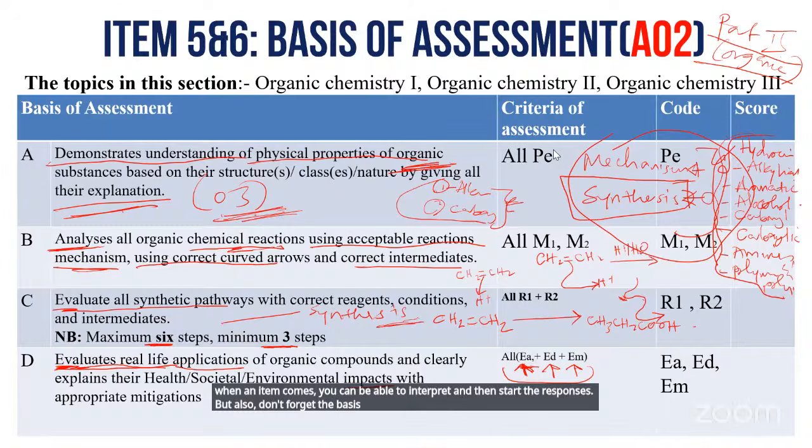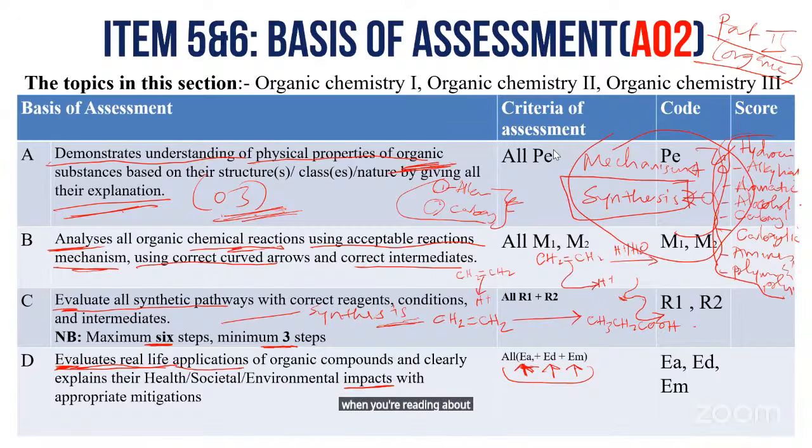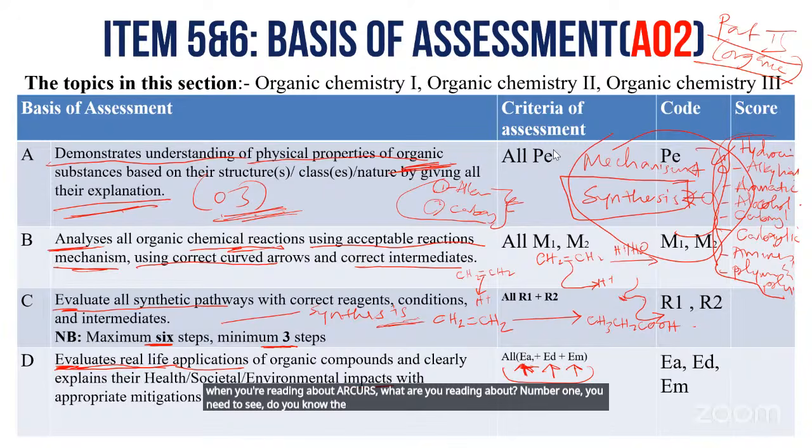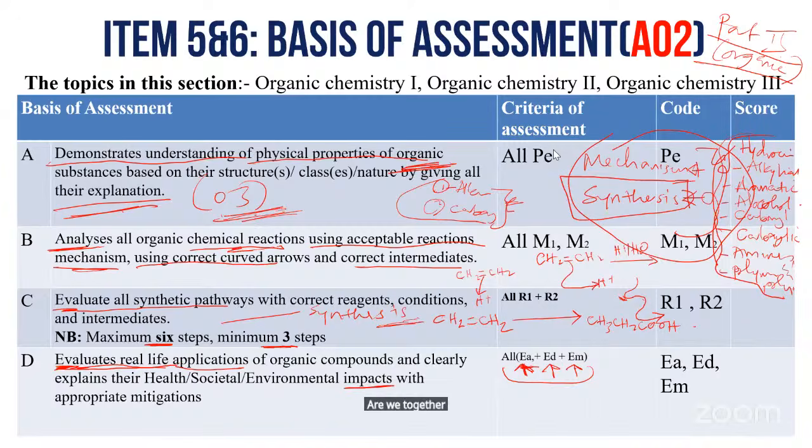If you understand the basis of assessment, it also helps you to know, when you're reading about alcohols, what you are reading about. Number one, do you know the physical properties of alcohols? Can you explain why they are soluble in water? Are we together? If you have that very well, run very fast to the chemical properties.